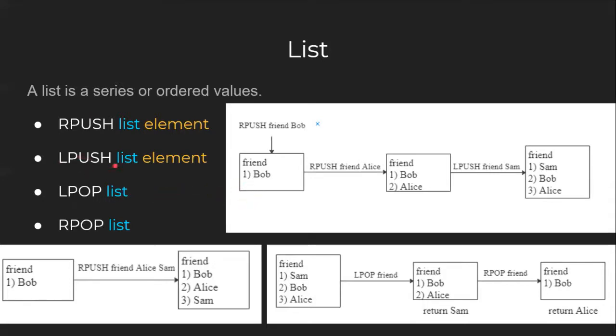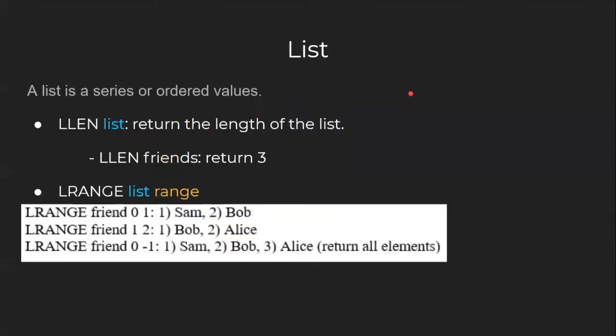And left push and left pop will interact with the beginning of the list. The length will return the length of the list, and the range will return the elements in a certain range of the list. Here's an example: when you use range 0, 1, it means return the first 2 elements, and range 0, -1 would return all the elements.